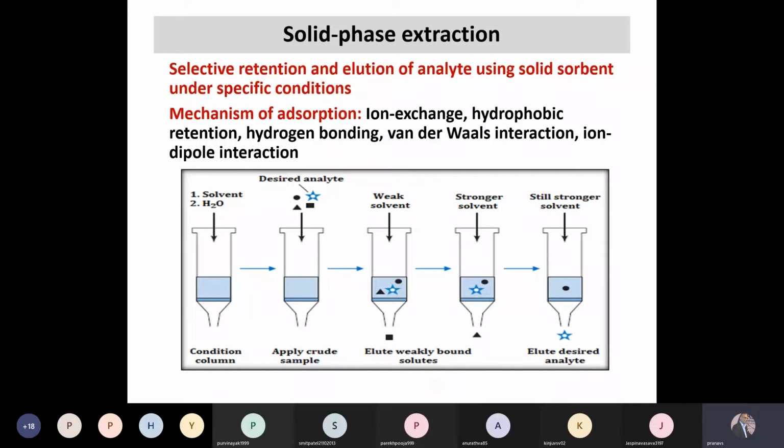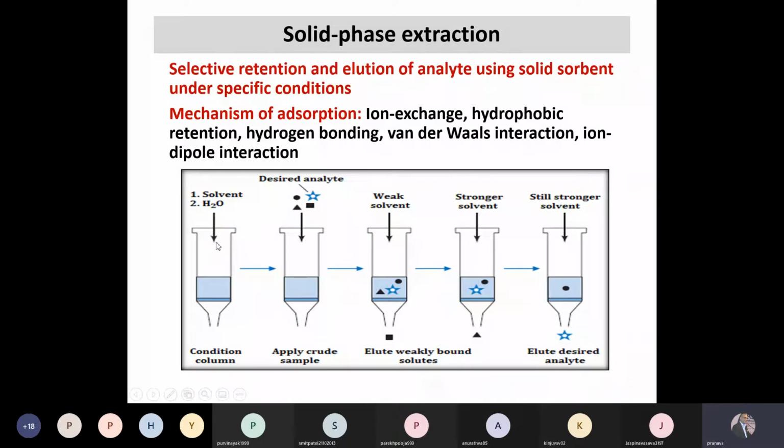These are the forces which dominate in solid phase extraction to retain molecules which are essentially covalent in nature, or organic molecules, or large, bulky molecules. And this is how it works.